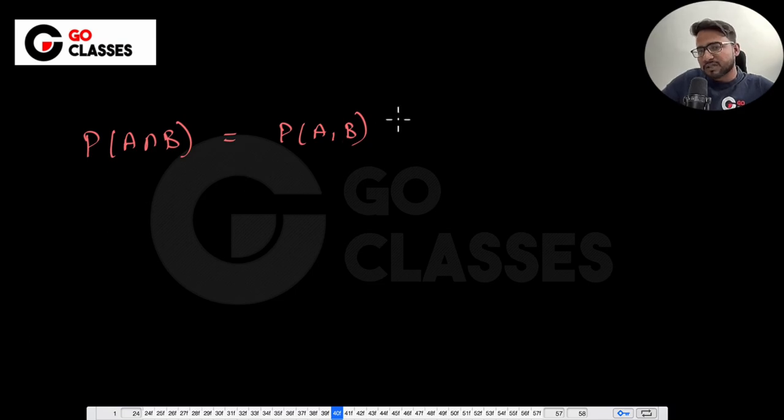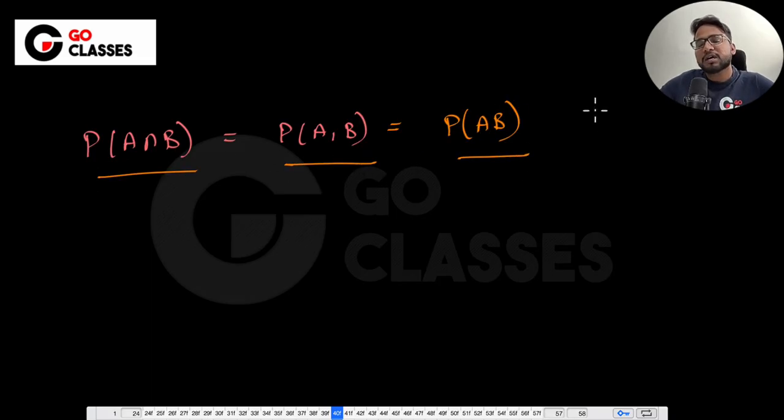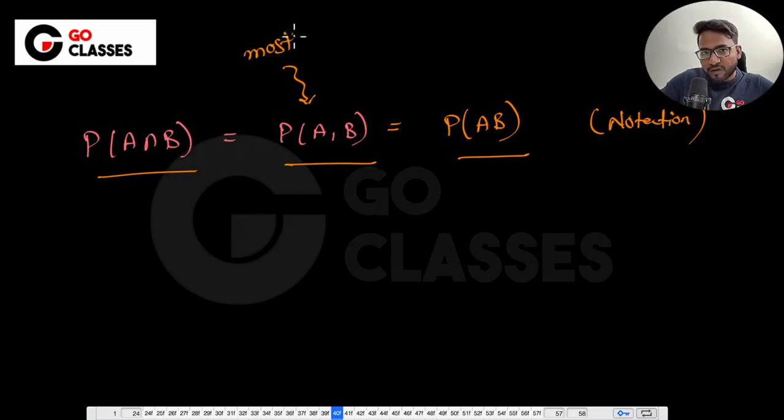In some textbooks, they avoid writing the intersection and comma also. They just write like this, which means all these notations are the same. Notation wise, these are all the same. Mostly I will be using the comma. I hope that is fine to everyone.